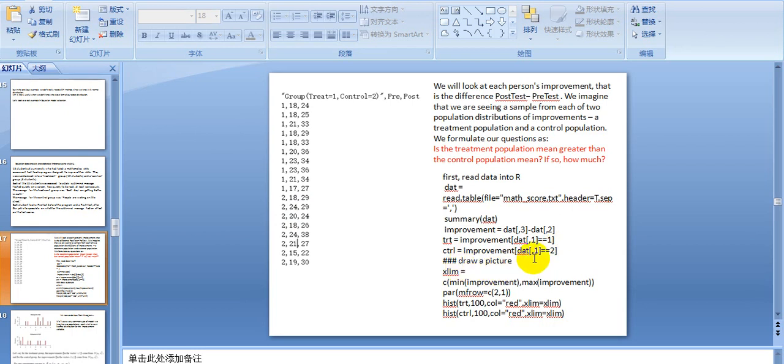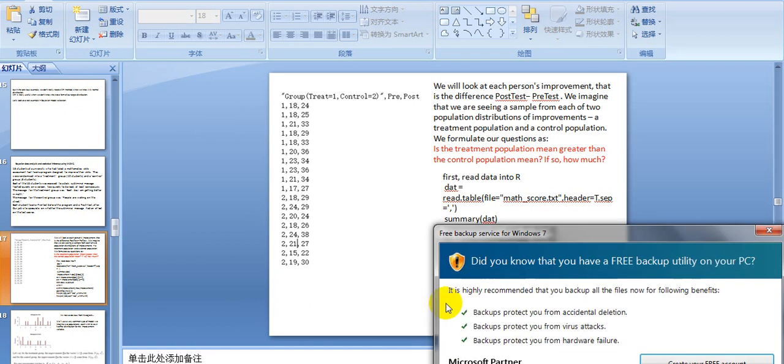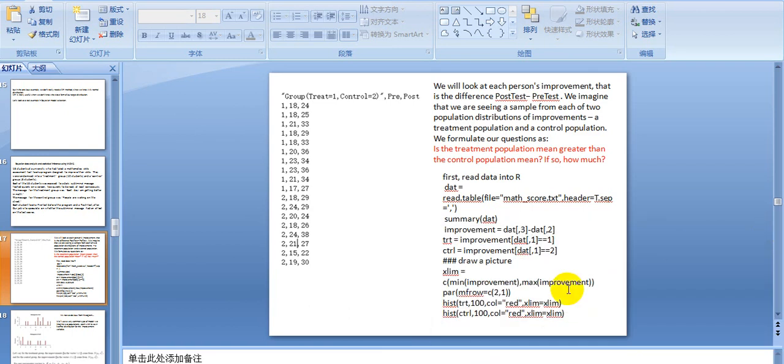And we can also draw a picture, just look at how the data is distributed. We can first set the x limit between the minimum and the maximum, and then we partition the whole figure into 2 rows, 1 column. In the first row, I will draw the histogram for the treatment group. In the second row, I will draw the histogram for the control group.